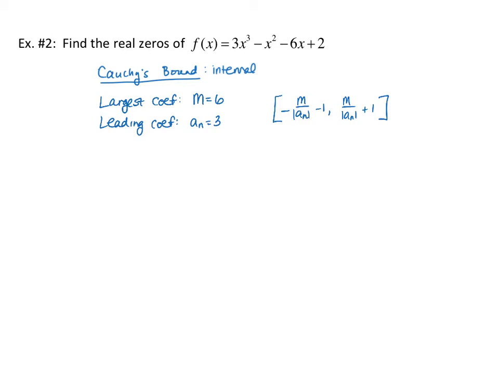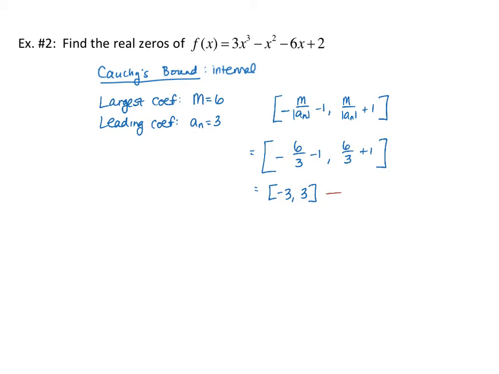Plugging in the two values we just found, for us this is the opposite of 6 over 3 minus 1, and then 6 over 3 plus 1. So 6 divided by 3 is 2, so negative 2 take away 1 is negative 3, and 2 plus 1 is positive 3.